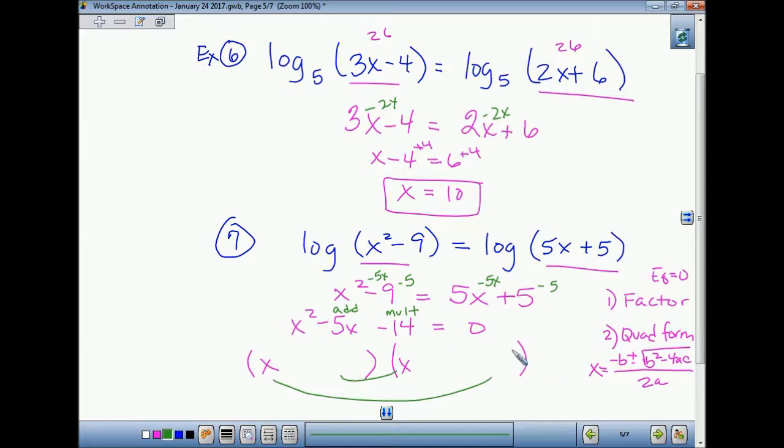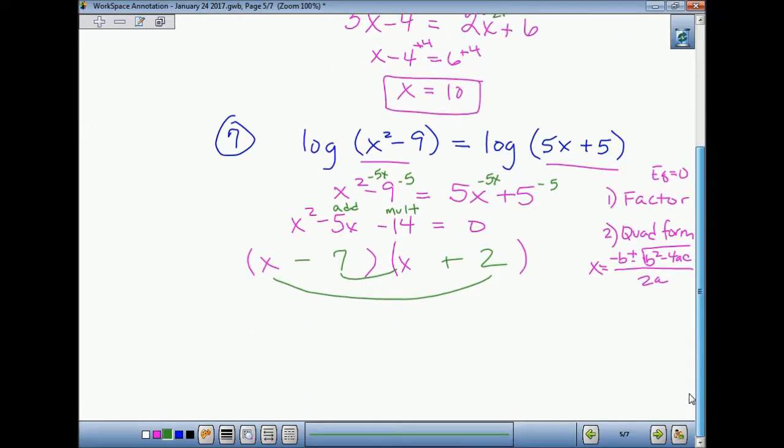I'm multiplying to get this last term. Well, it's actually going to be a negative 7 and a positive 2, because negative 7 times positive 2 is negative 14. And when I add these, negative 7 and positive 2 give me negative 5.